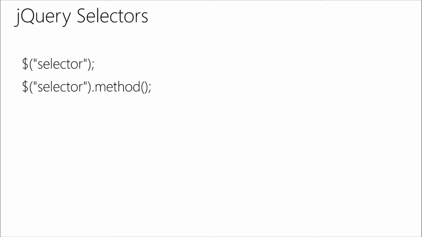For now, the syntax is dollar, and then inside of your parentheses, you have double quotes or single quotes and the selector. And that selector part is what we're going to focus on in this chapter. Once we just select it, we can do things to it. So instead of just simply selecting objects to work with, we can select them and do something right at the same time.